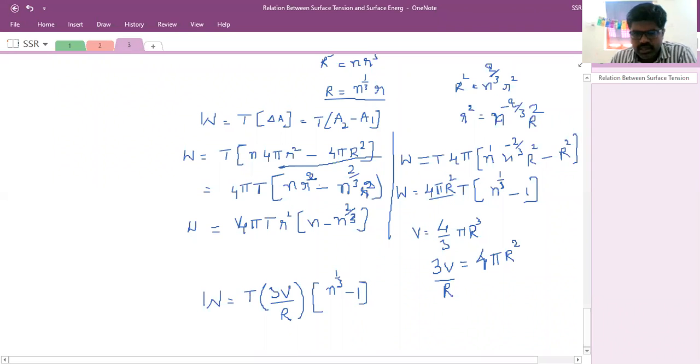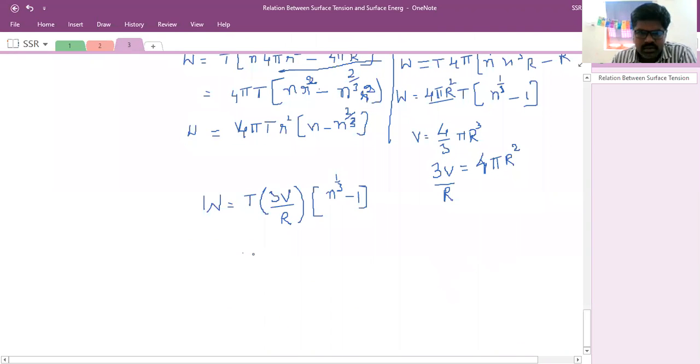This R you can take inside, then you can write 3VT into n power 1 by 3 by R minus 1 by R.